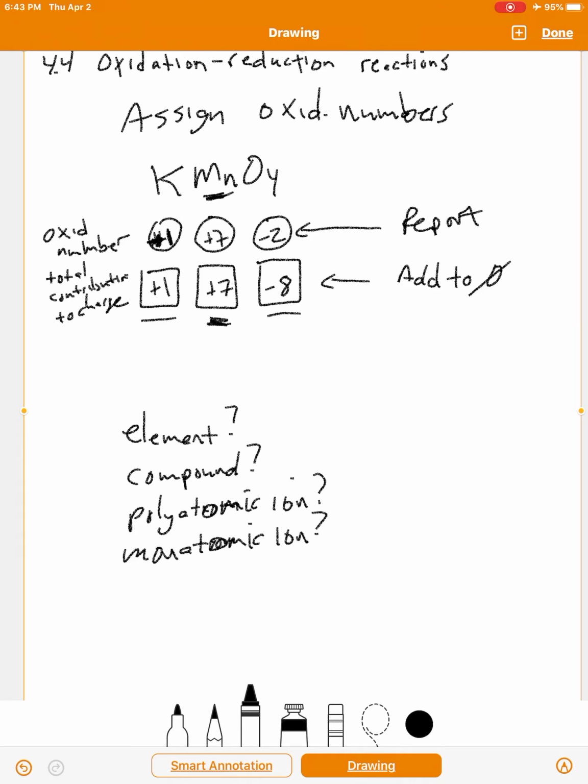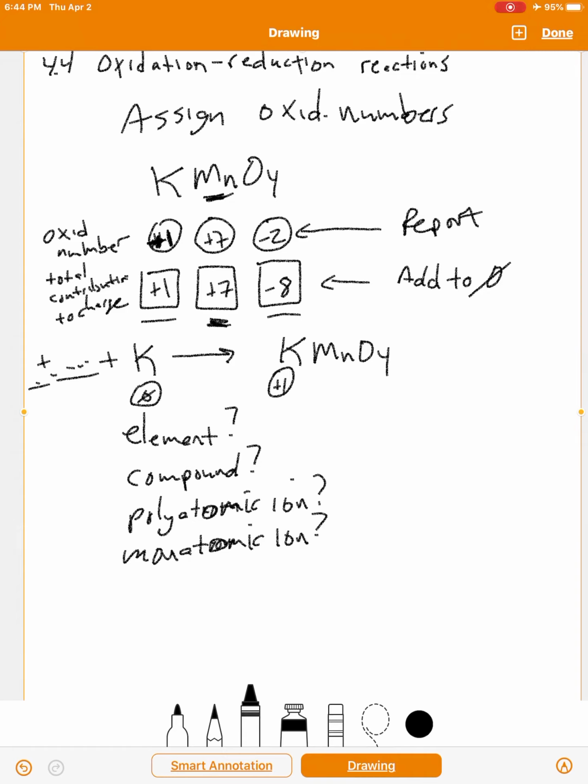So, for example, if I had some reaction, potassium goes to KMnO4, plus other reactants. Well, this is an element, so it has an oxidation number of 0. In KMnO4, it's +1. Well, what happened? It lost an electron, right? It became more positive, so that means that the potassium was oxidized.